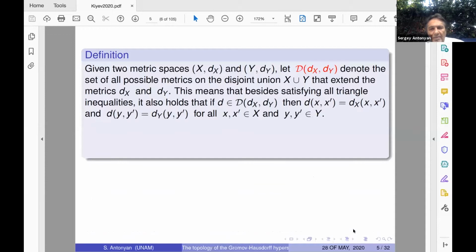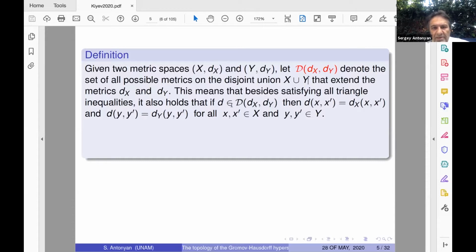Another way, maybe more pleasant to see this number, is the following: fix two metric spaces, X and Y, with metrics d_X and d_Y, and denote by D the set of all possible metrics on the disjoint union X plus Y that extend the metrics d_X and d_Y. This extension exists, and of course is not unique.